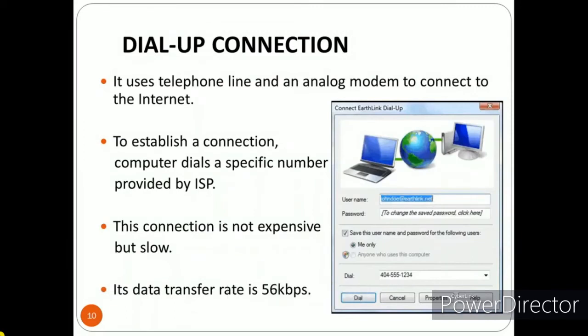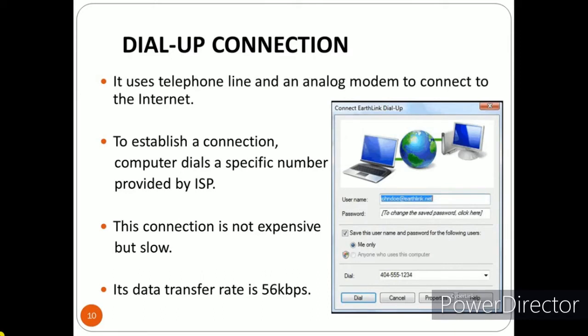Next is your dial-up connection. You can see the image here. This type of dialog box appears when you use a dial-up connection on your computer. First you have to fill in the entries given, and then at the end you have to click on the dial-up button. Then the connection will be established. So let's see what a dial-up connection is. It uses a telephone line and an analog modem to connect to the internet.